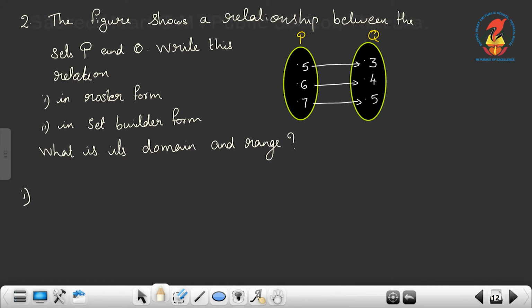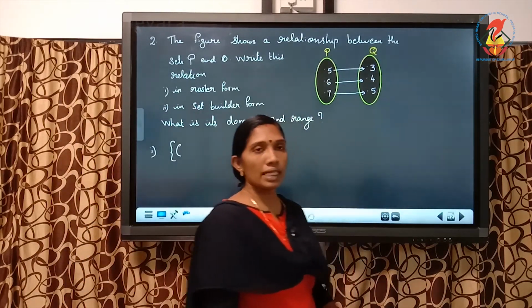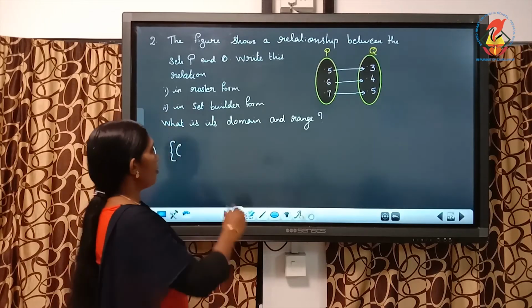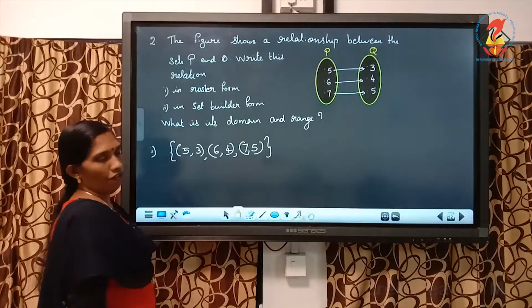Look at the figure and we can write the set of ordered pairs, first element from P, second from Q. It is a relation from P to Q. So first I can write 5 is related to 3. Now 6 is related to 4 and 7 is related to 5. So this is the roster form.